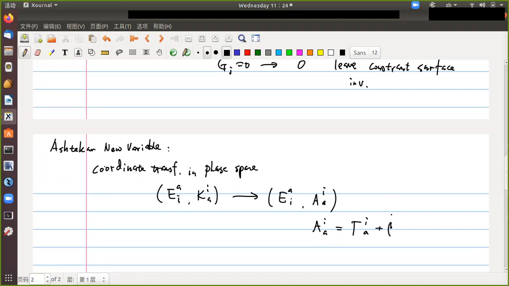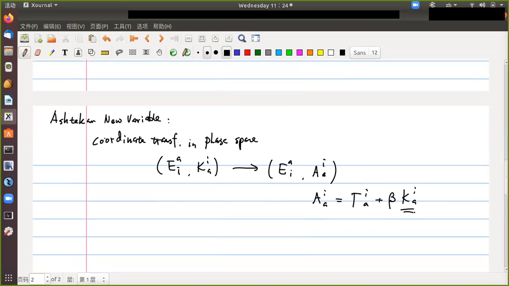So A_i^a is gamma plus beta times K_i^a. This K is the same K here. And this A is called the Ashtekar-Barbero connection.